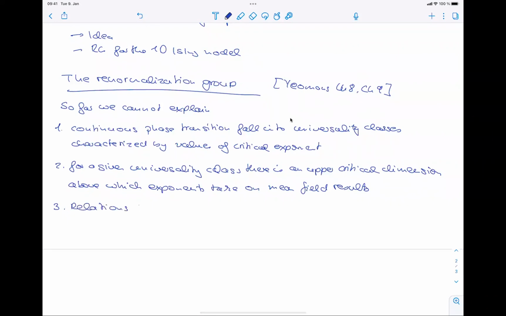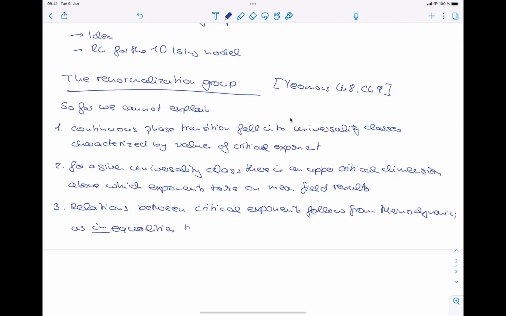So relations between critical exponents follow from thermodynamics as inequalities that hold as equalities.